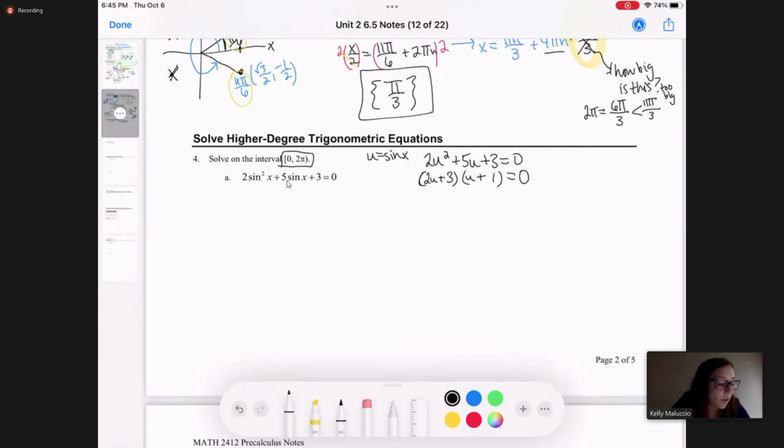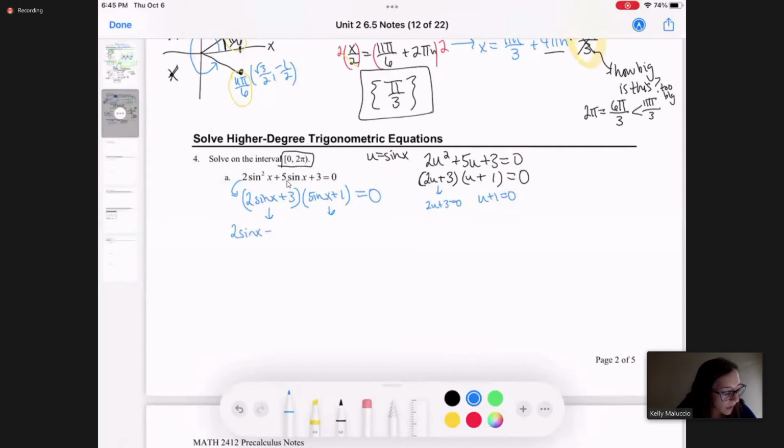Now that I have this, I can rewrite this equation as 2 sine x plus 3 times sine x plus 1 equals 0. Now I can write each of these equations just like I would here: 2u plus 3 equals 0 and u plus 1 equals 0, and I would solve. We can do the same thing.